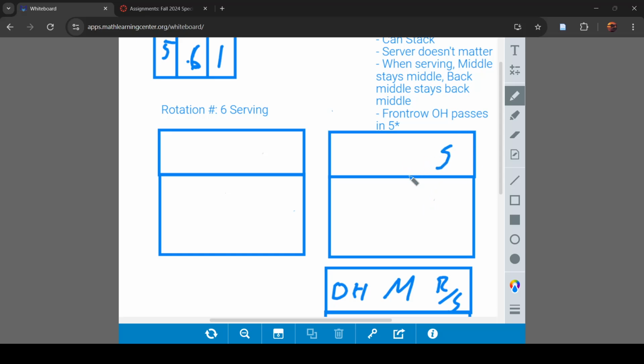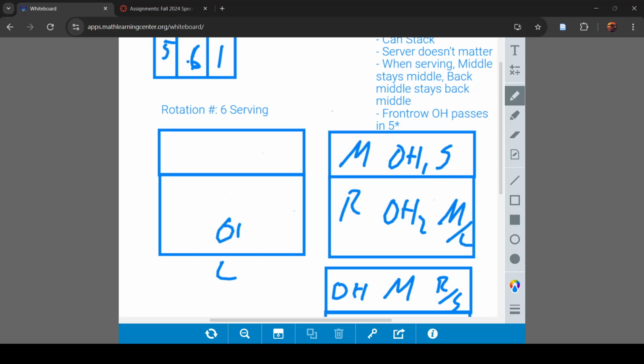Anyway, setter's over here, so outside 1 is over here, middle, right side's over there, outside 2 is there, and then the other middle / libero is there. So let's pretend libero is serving, middle back stays middle back, outside 2 is there, right side is there, runs to base.